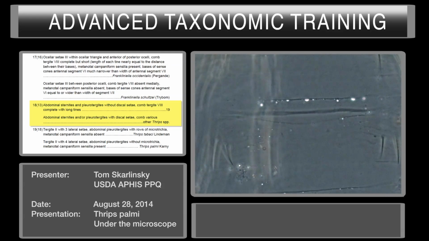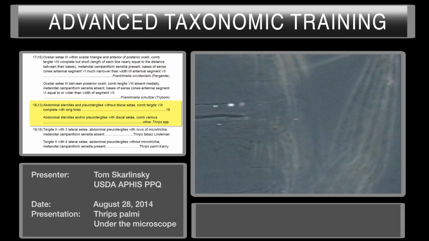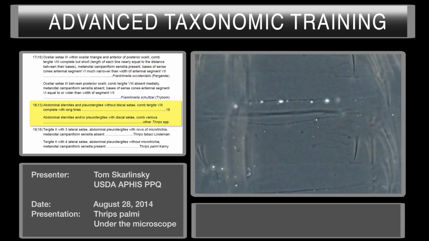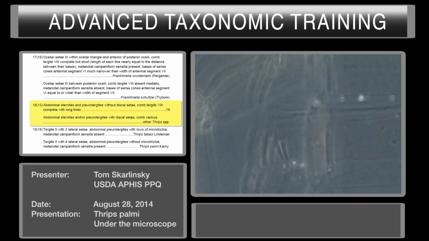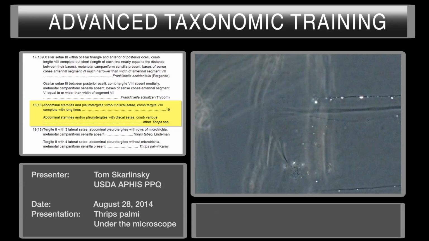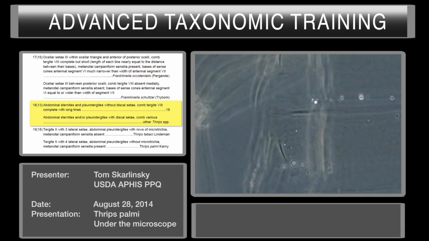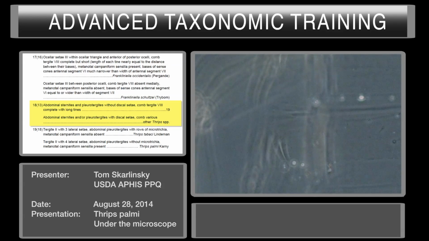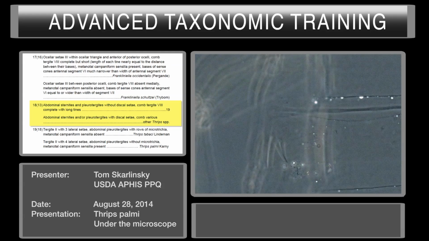And what I try to do to orient myself is, here I am, I'm on the dorsum. Go ahead and move laterally. And if you'll notice, and I'll show you this a little bit more, there are lines of sculpture, and they extend along the tergite, and then they go in this direction.